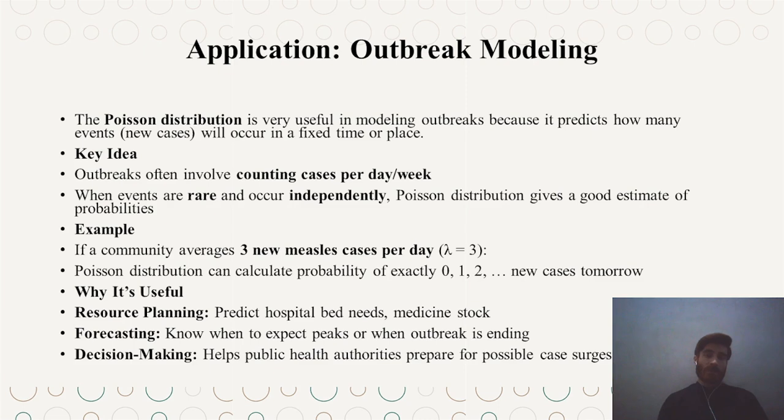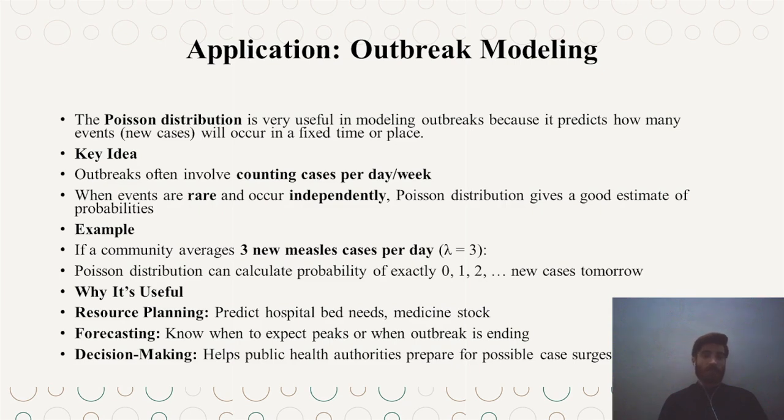Key idea: outbreaks often involve counting cases per day or per week. When events are rare and occur independently, the Poisson distribution gives a good estimate of probabilities. We have discussed it earlier.